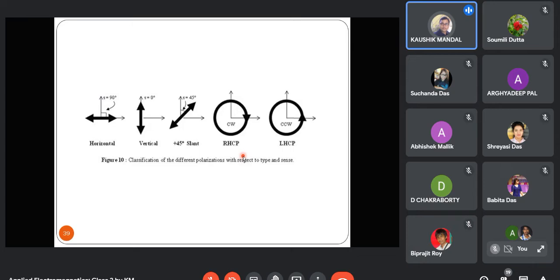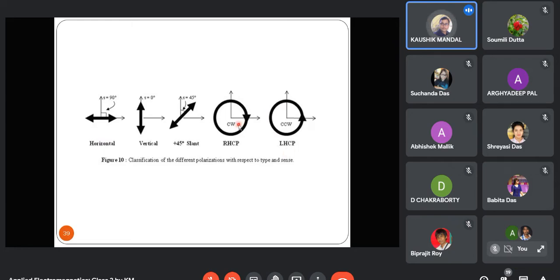One is called right-handed circular polarization, another is called left-handed circular polarization. Now, if the rotation of the tip of the electric field vector is clockwise, then it is called RHCP. If it is anti-clockwise, then it is called LHCP.